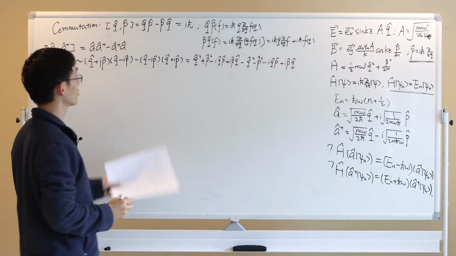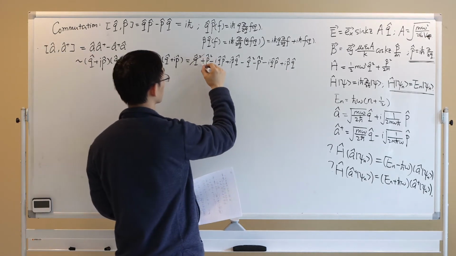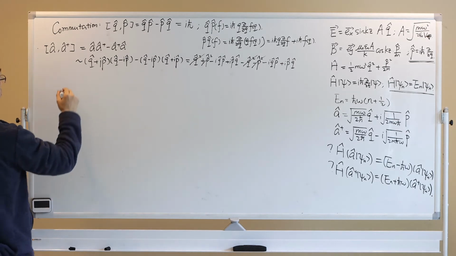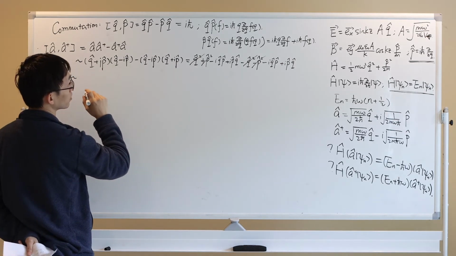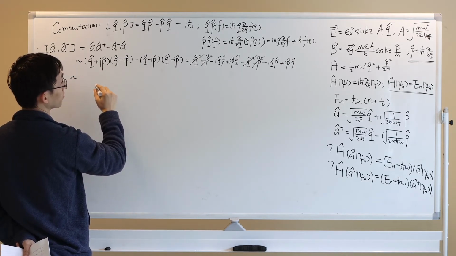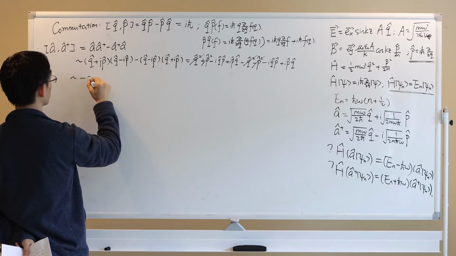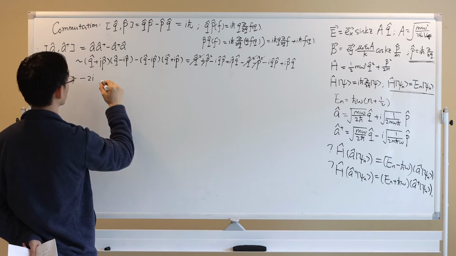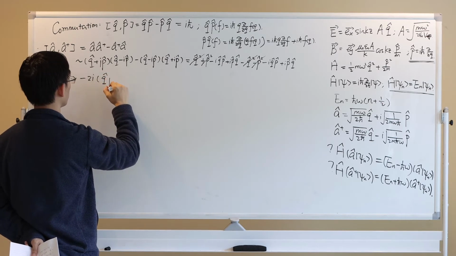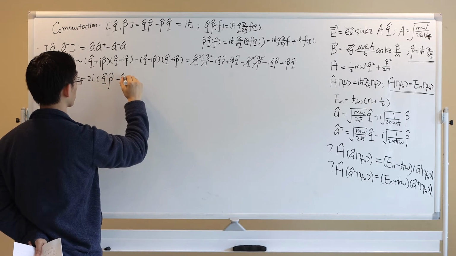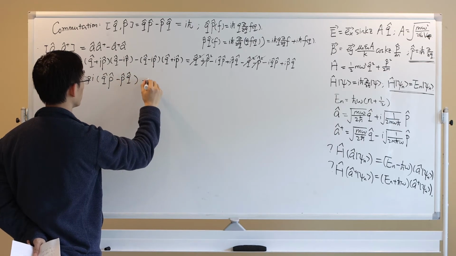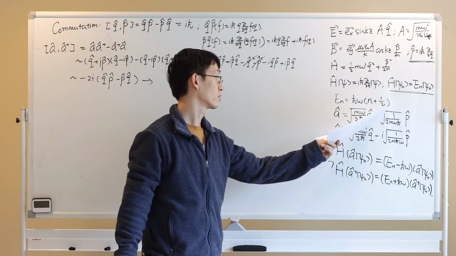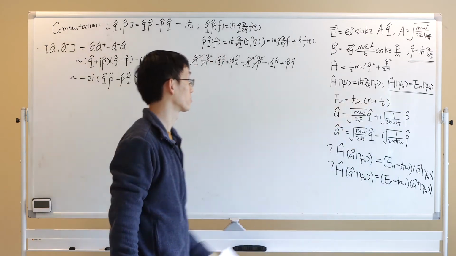Right, and then you can cancel all these common terms. What you get is 2 minus 2i, qp minus pq. Now you have to bring the coefficient back, because q always carries this, p always carries that.